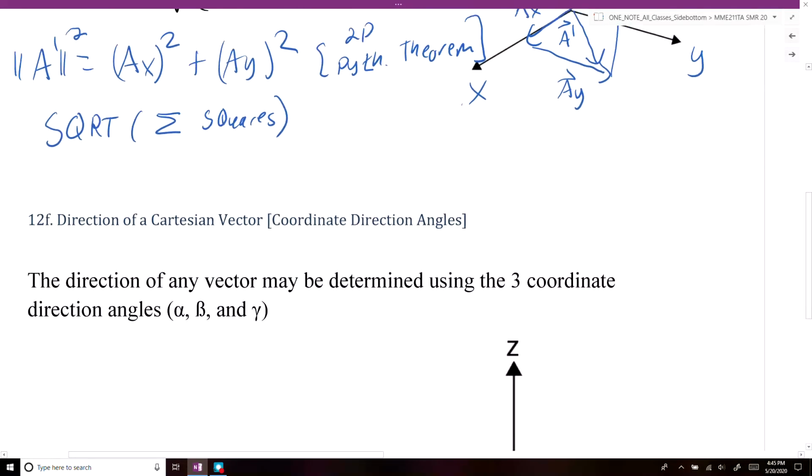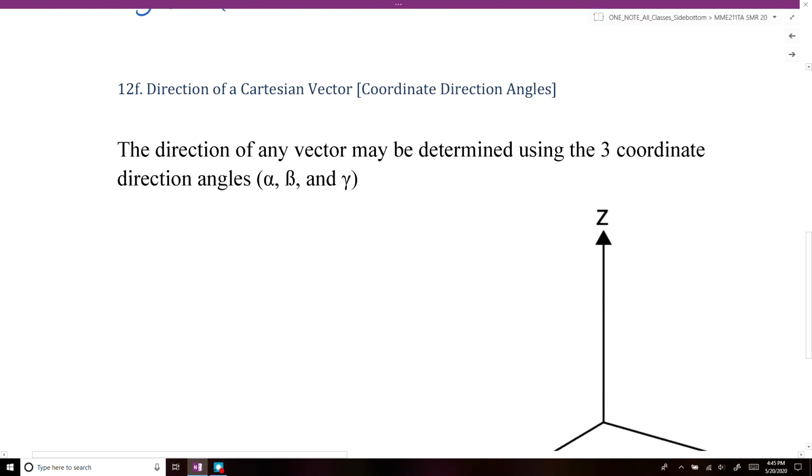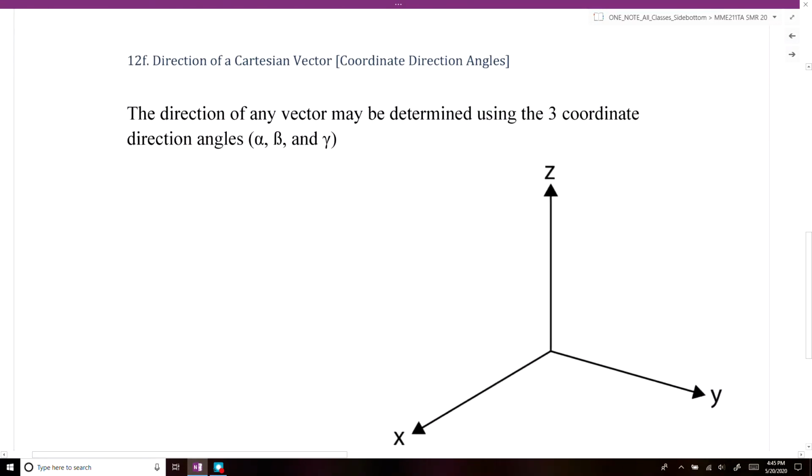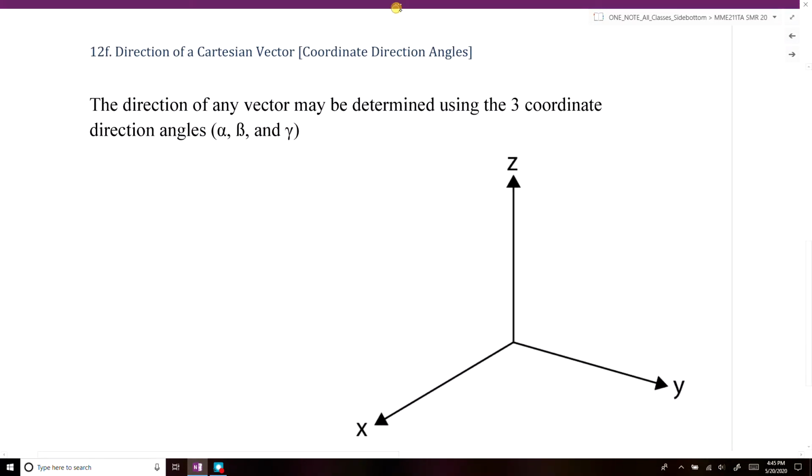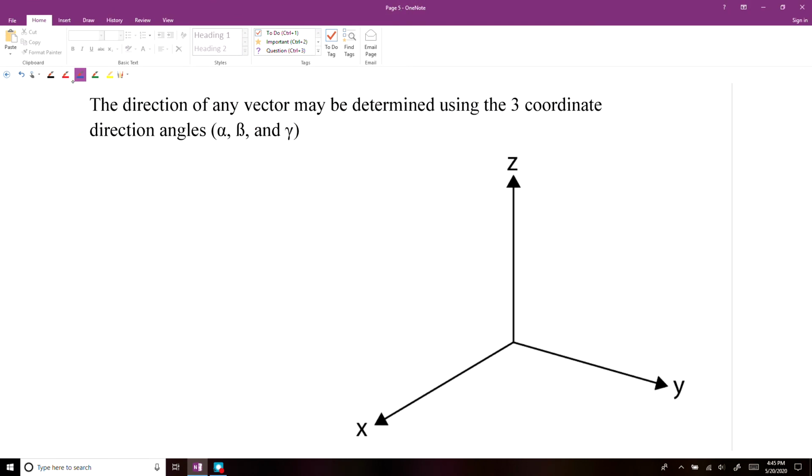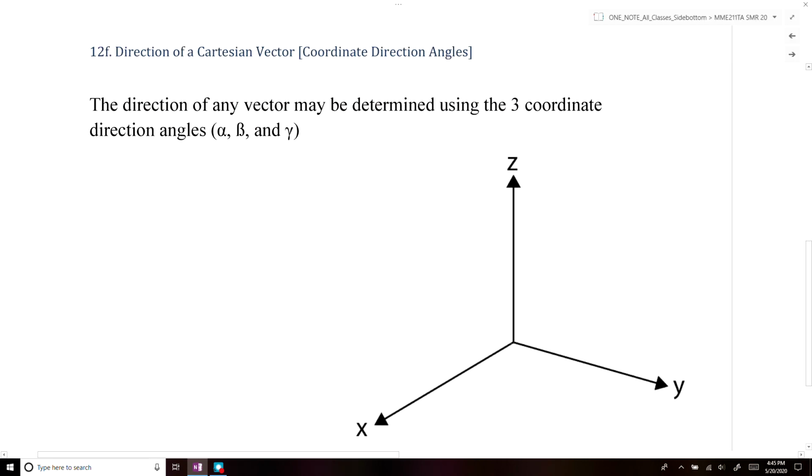The last part of Cartesian vectors that you'll need to know is that for a given Cartesian vector, so we have a vector A, we could define vector A in terms of three angles, alpha, beta, and gamma, which relate vector A with the x, y, and z axes.